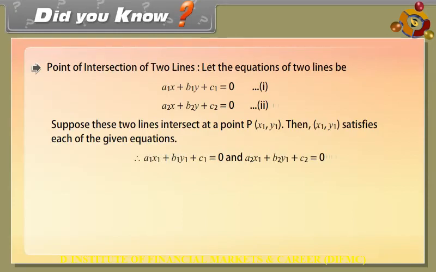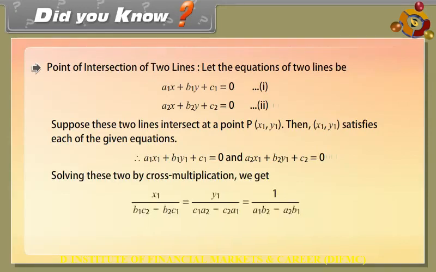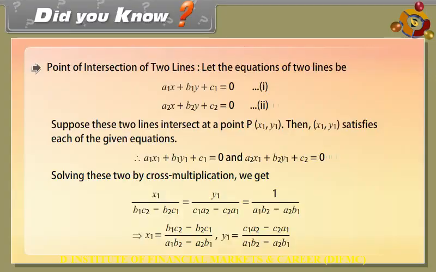a2x1 + b2y1 + c2 = 0. Solving these two by cross multiplication, we get x1/(b1c2 - b2c1) = y1/(c1a2 - c2a1) = 1/(a1b2 - a2b1). It implies x1 = (b1c2 - b2c1)/(a1b2 - a2b1) and y1 = (c1a2 - c2a1)/(a1b2 - a2b1).